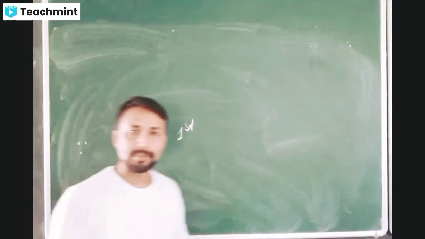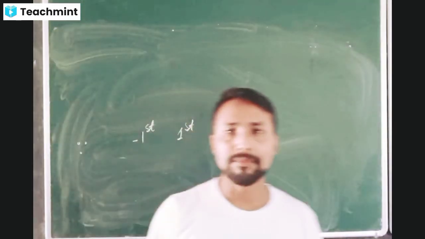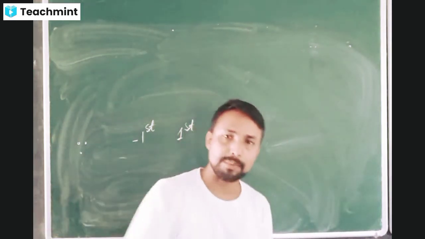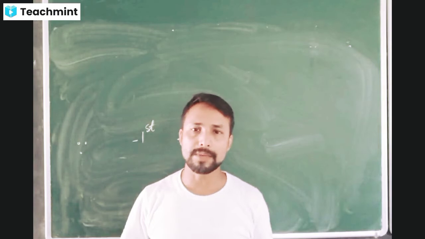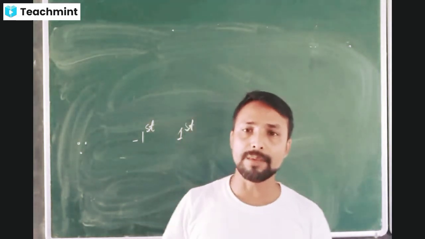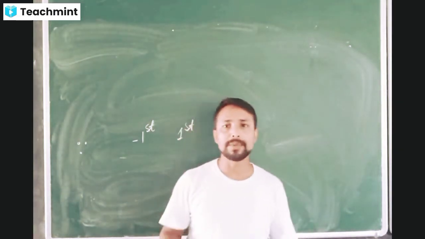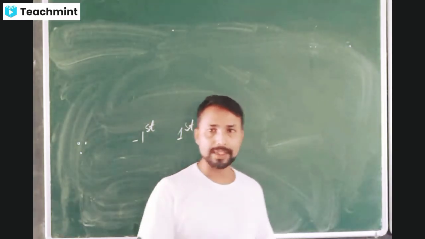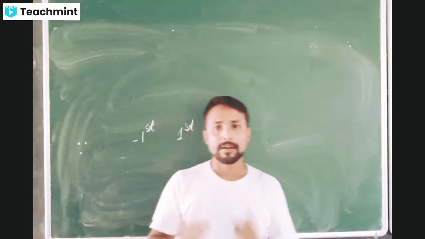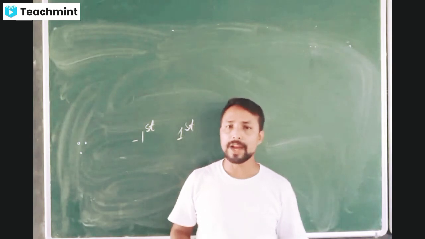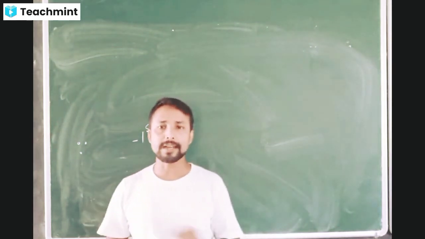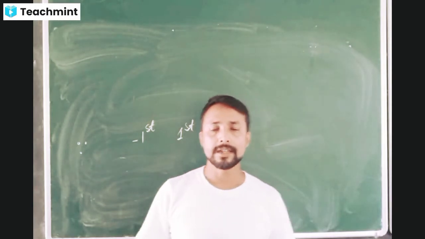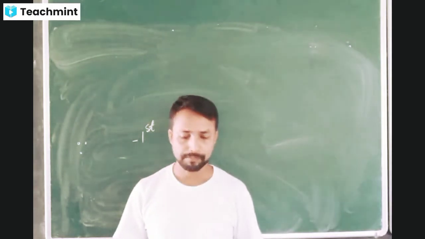Therefore, any term is taken as first position, second position, third position, so position cannot be negative. If we get a negative number, then minus 150 cannot be accepted as a term. Or if we get n as a fractional value, then also minus 150 is not in that AP. So we have to find out whether it is natural or not.